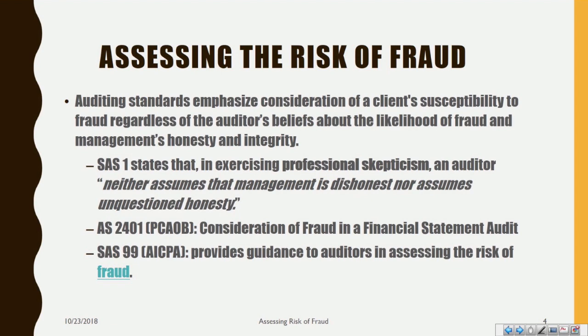But the PCAOB has recently issued a standard, which is 2401, that covers the auditor's responsibility. The key thing here is they talk about the fraud risk assessment process and how auditors should respond to that risk. Both standards provide auditors with guidance.